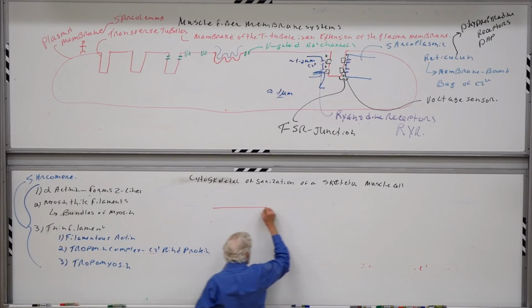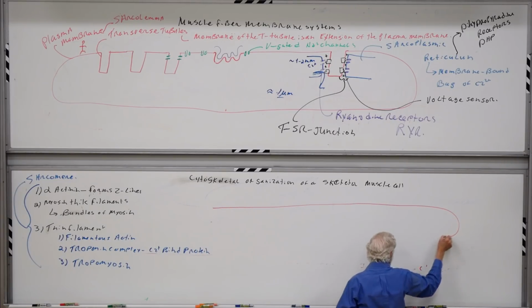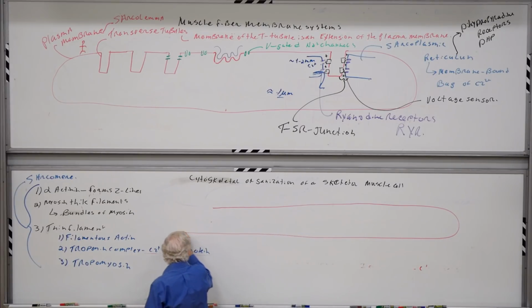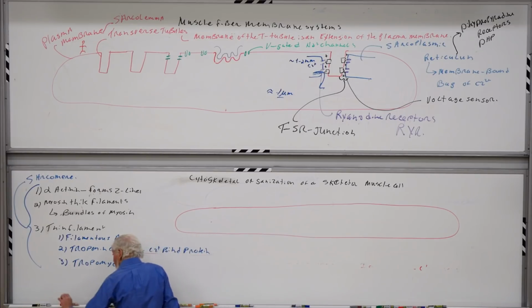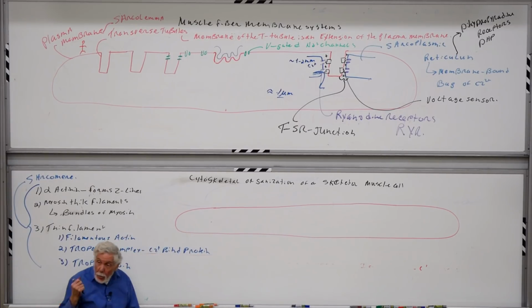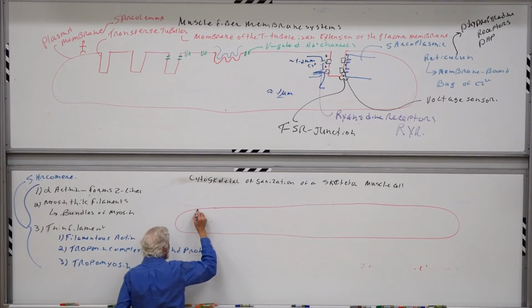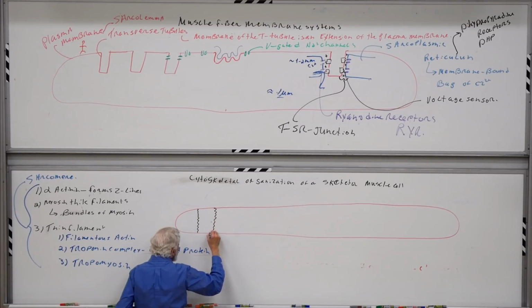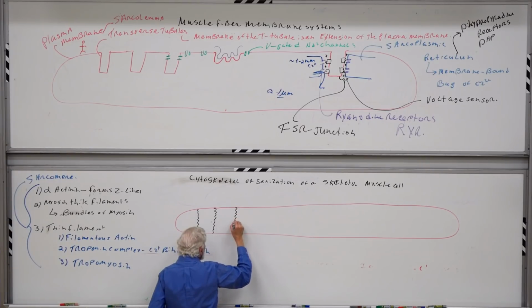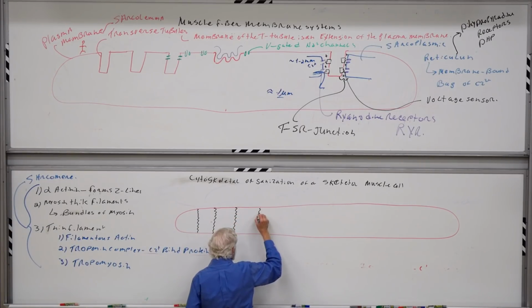So again, this is the muscle fiber. Then attached to the cytoplasmic side of the plasma membrane are going to be these zigzag structures known as Z-lines.